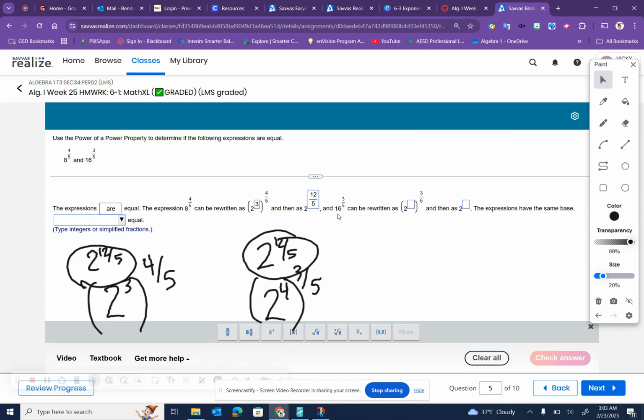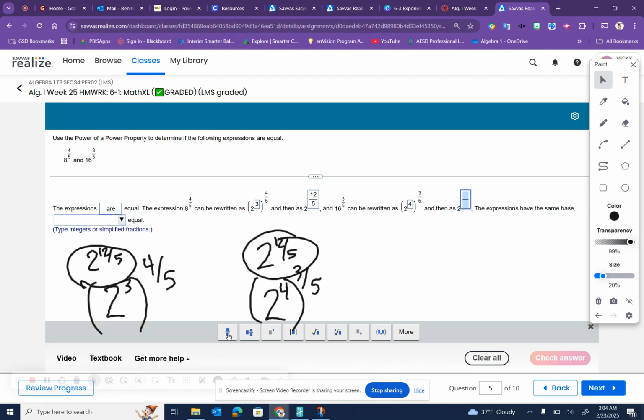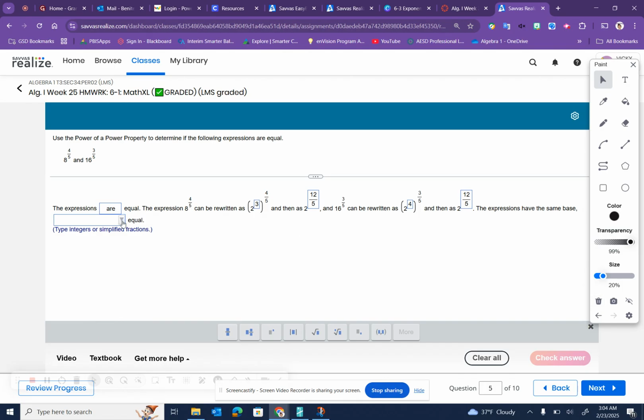And then we're moving on to 16 to the 3/5 can be written as 2 to the 4th times 3/5, which ends up simplifying to 2 to the 12/5. And then the expressions have the same base, which the base is 2. And they also have the same exponents, so they are equal.